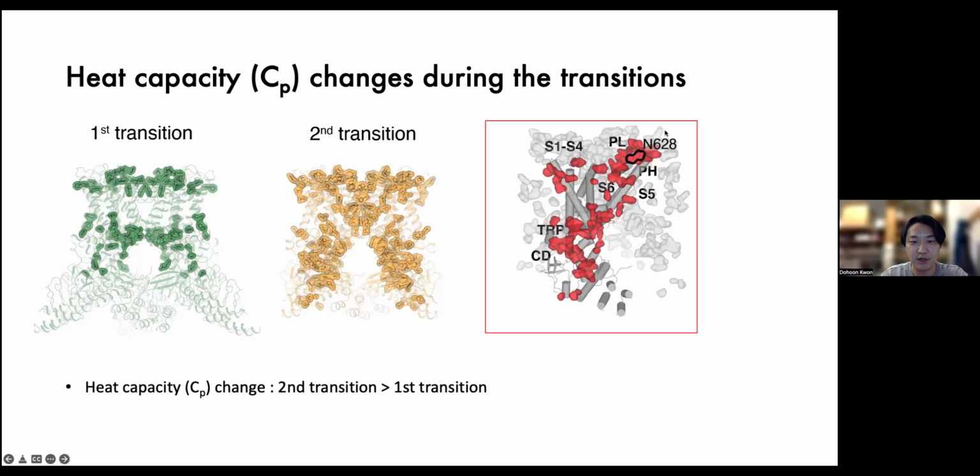This is the result, the surface. You can see in this figure, the residues with a high delta Cp are pretty evenly distributed throughout the subunit, not in a specific region. This means that the entire channel, not a specific domain, is involved in heat-dependent opening. So we could conclude there is no specific temperature sensor domain in TRPV1.